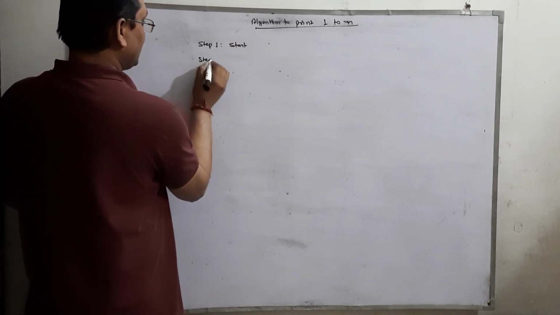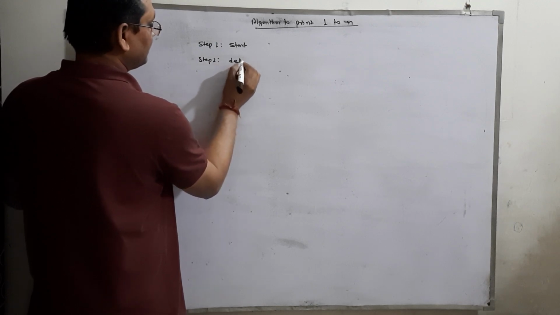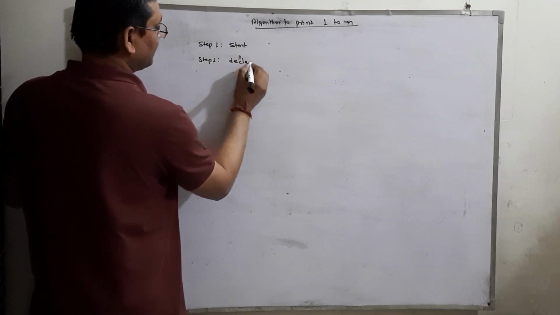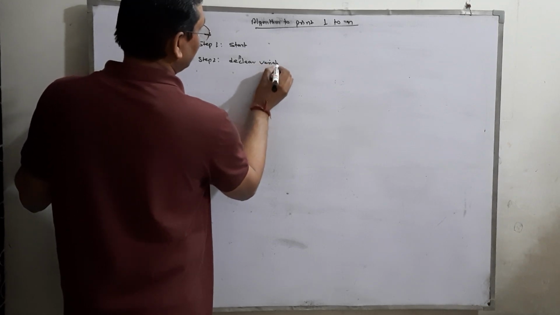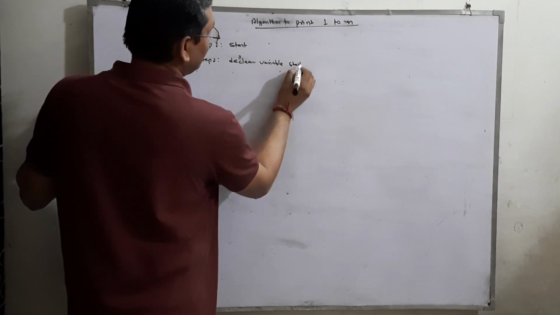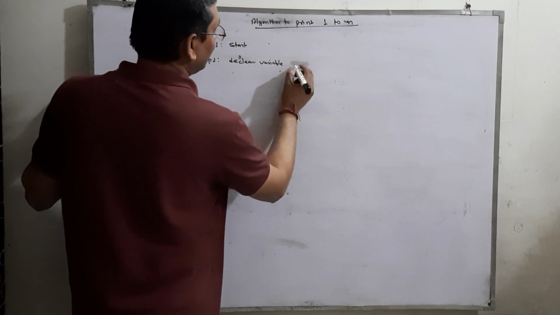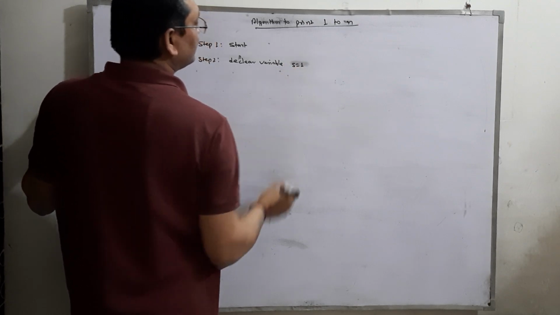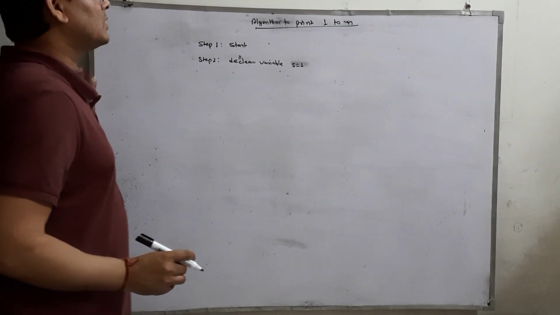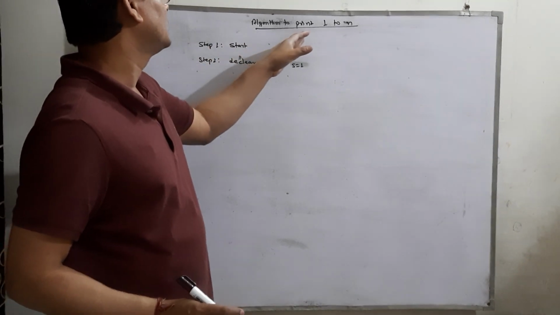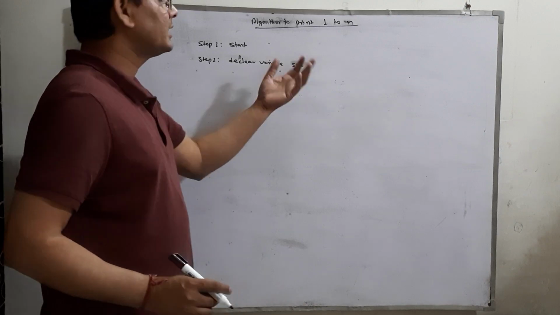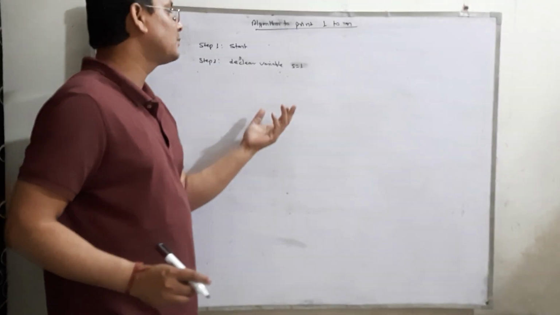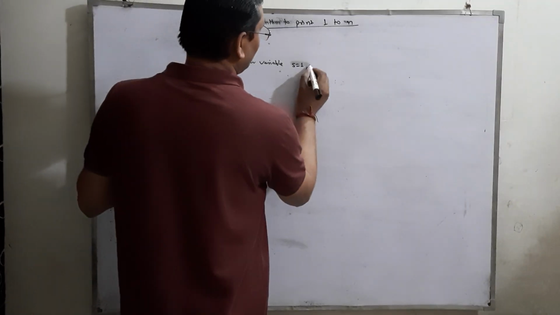Step 2, declare variable that is start point, s is equal to 1, because we have to print from 1 to n. So 1 is the starting point, we are taking s is equal to 1 and n is there.